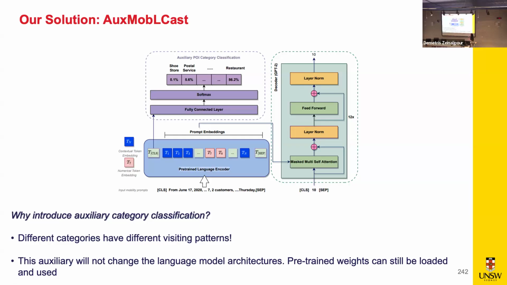So we introduce a new POI category classification, and we add that as a token here. And then we pre-train the language encoder, and I'll show you the language encoder that we use later.